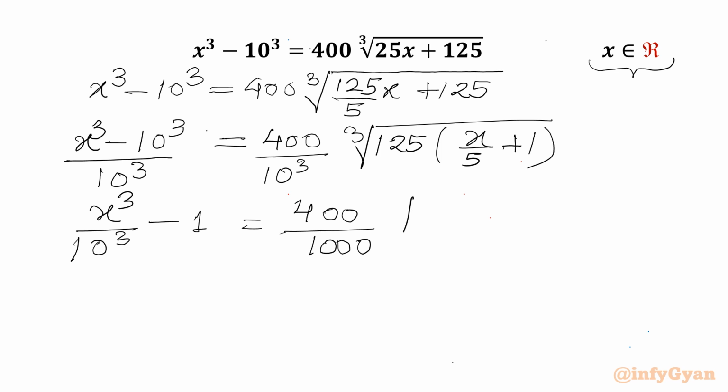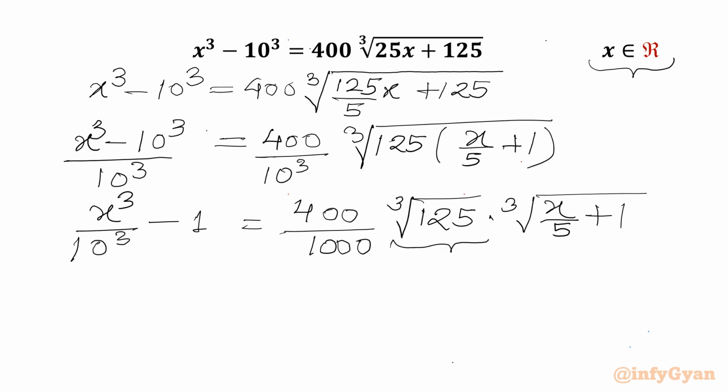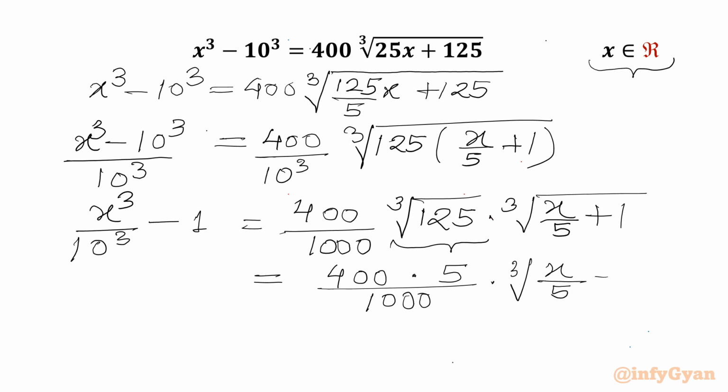And here I will split 125 with cube root times cube root x over 5 plus 1. Now cube root of 125 is 5. So I can write 400 times 5 over 1000 times cube root of x over 5 plus 1.